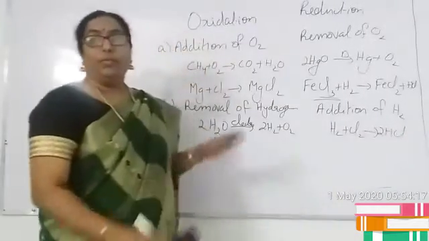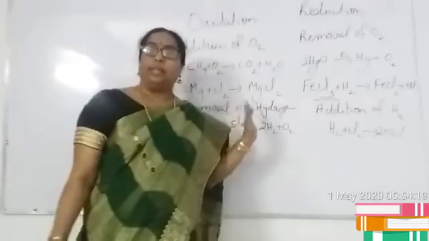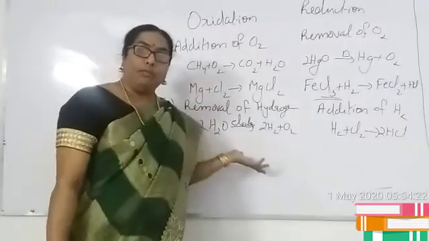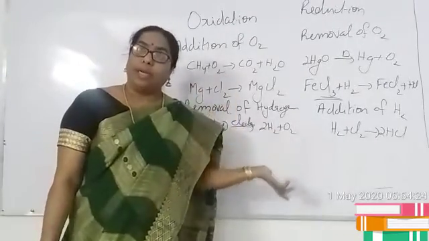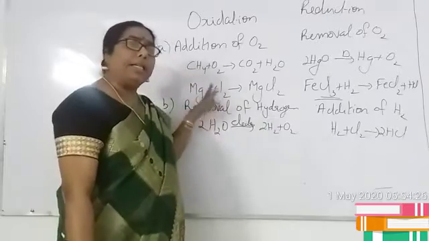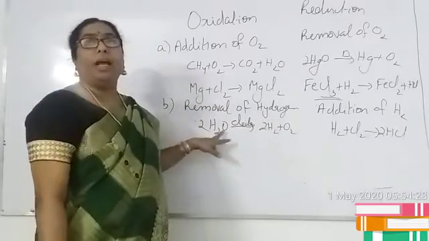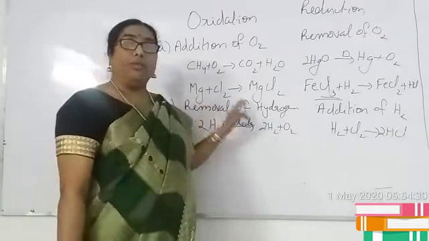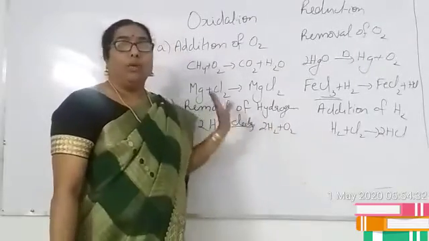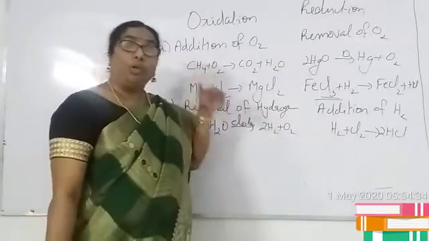Is it clear? So we define oxidation as the process which involves addition of oxygen or addition of electronegative radical. At the same time, in terms of hydrogen, it is the process which involves removal of hydrogen or removal of any electropositive radical.